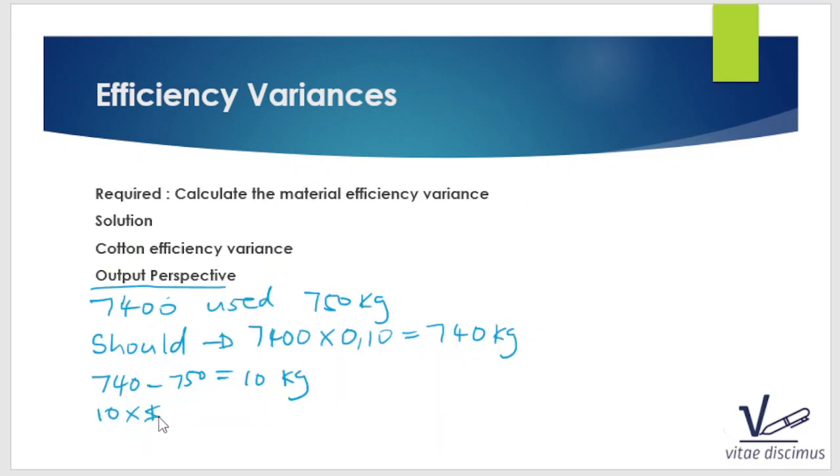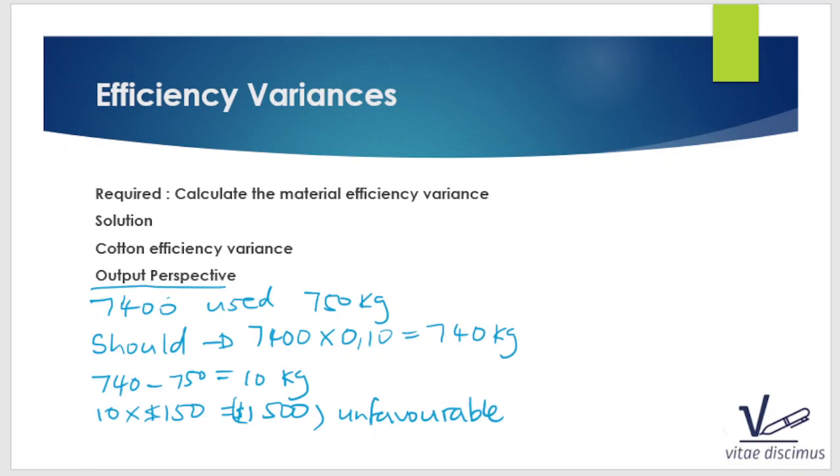Times 10 kilos, meaning that the company wasted $1,500 worth of cotton. Are they happy about this? Surely not. So this will be unfavorable or adverse. We're not efficient as Shala Limited in terms of our production process, in terms of cotton.